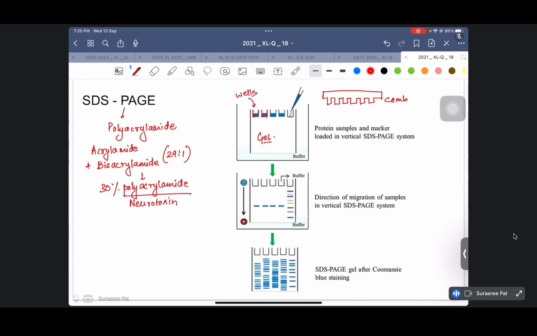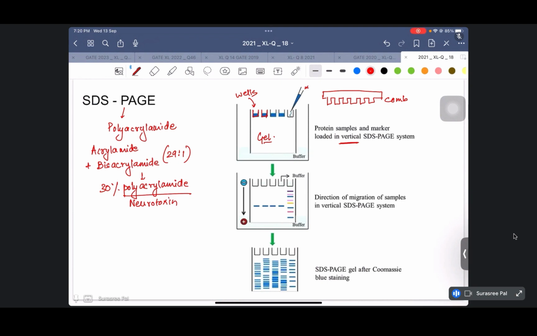These are the wells where we can load our sample. You can see here that with a pipette tip, we can load the sample inside the wells of the gel. This is a vertical gel electrophoresis system, so it runs in a vertical direction.